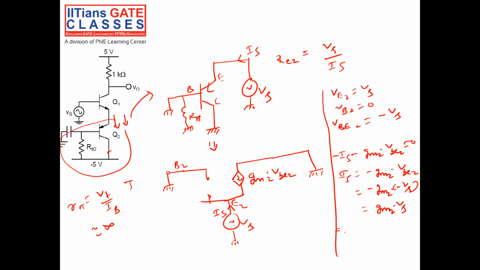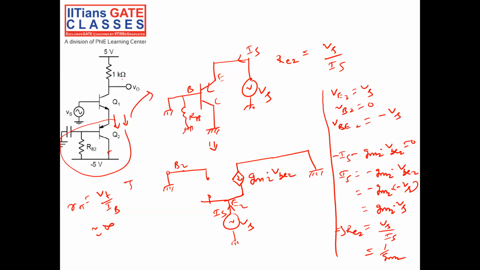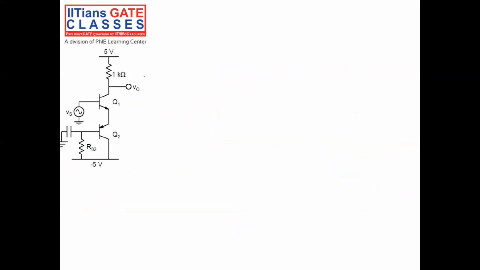Okay, so this implies my Re2, the small signal resistance looking into the emitter of transistor Q2, is equal to Vs by Is, which is 1 by GM2. So now we know the resistance looking down is 1 by GM2. Then we have to do the small signal equivalent circuit. When I am doing that, I have to replace all the DC with ground, because I am only interested in the AC signals, right?